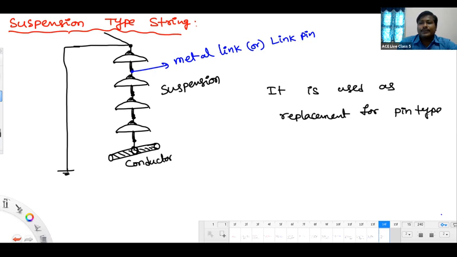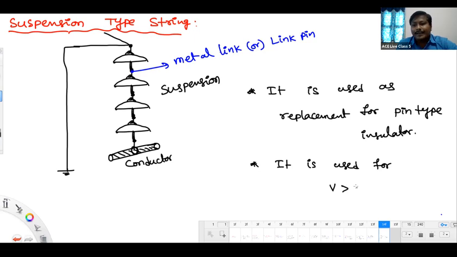Pin type insulators are used up to which voltage levels? Up to 33 kV. More than 33, in the sense 66 kV onwards, we will be using the suspension type string. It is used for voltage levels greater than or equal to 66 kV.